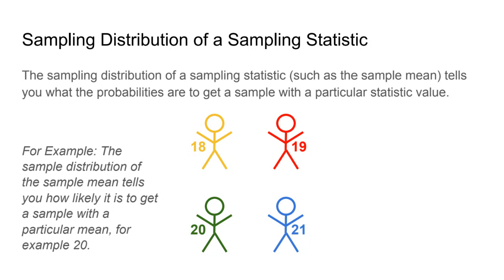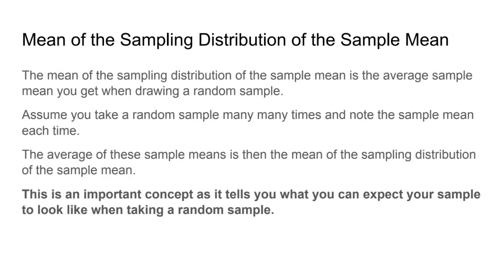Okay, now get ready for this horrible phrase I mentioned in the beginning, the mean of the sampling distribution of the sample mean. So the mean of the sampling distribution of the sample mean is the average sample mean that you get when you draw a sample. So assume that you constantly draw many and many and many samples, and each time that you draw a sample, you take note of the sample mean, and then you take the average of all those sample means, and that then is the mean of the sampling distribution of the sample mean.